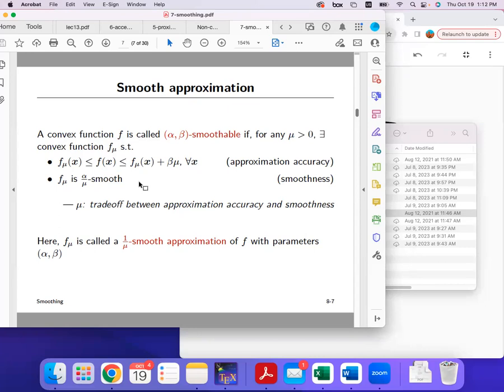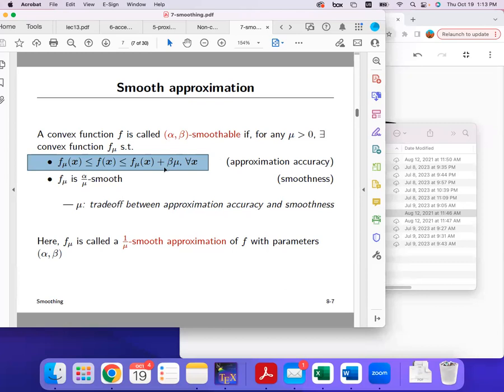So basically, we say a function f is alpha-beta smoothable if we can find an alpha over mu smooth approximation such that this approximation is close to the original function f, so that f can be lower bounded and upper bounded by f_mu in this form.